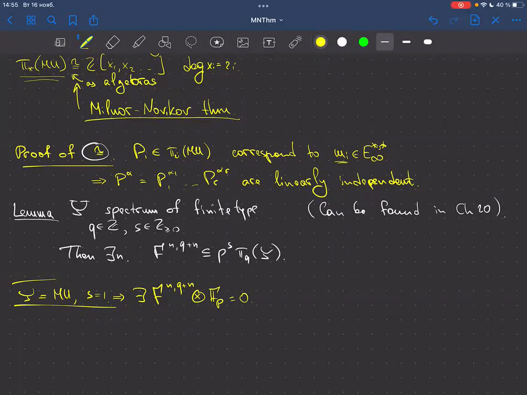Now you can just use induction to prove that these monomials generate the mod p Bordism ring, because we know that here we have 0.